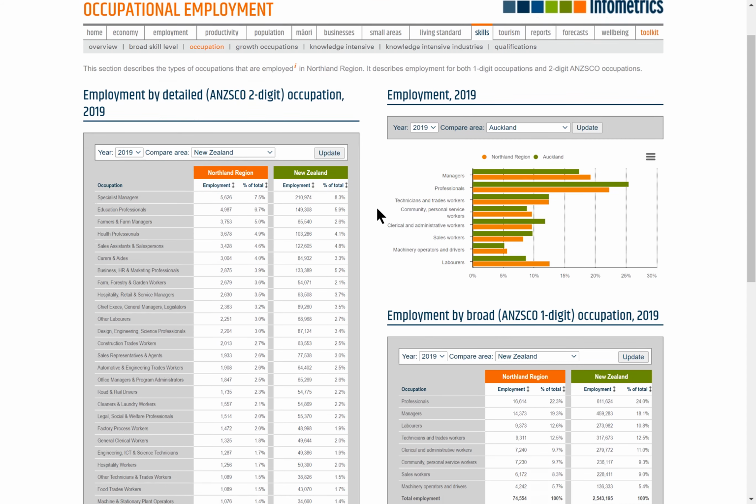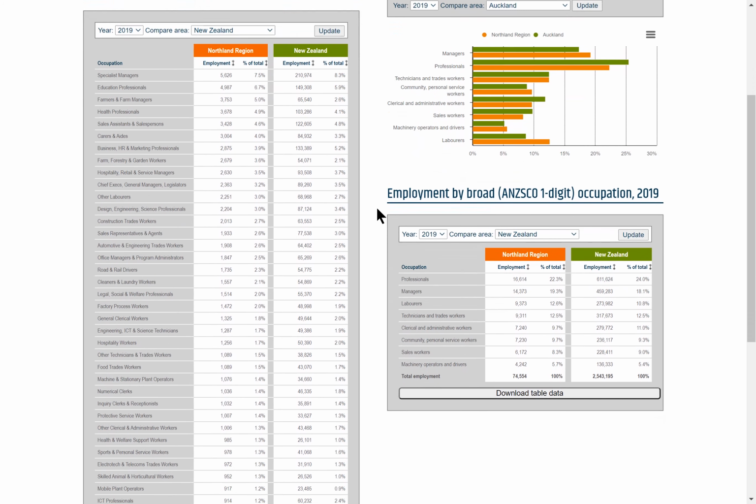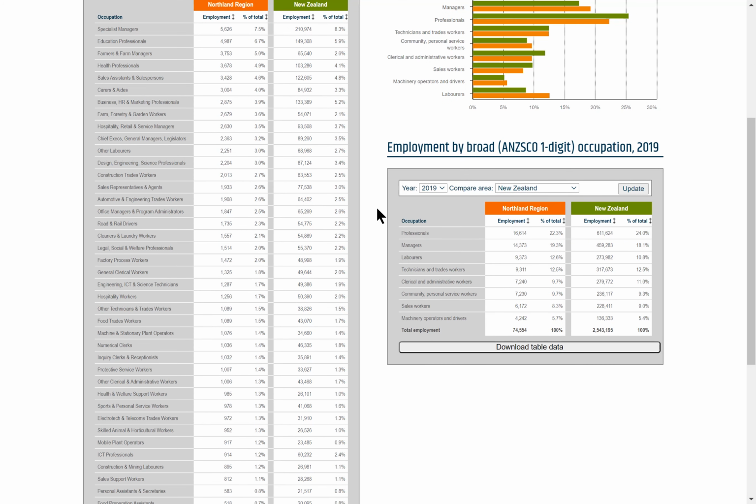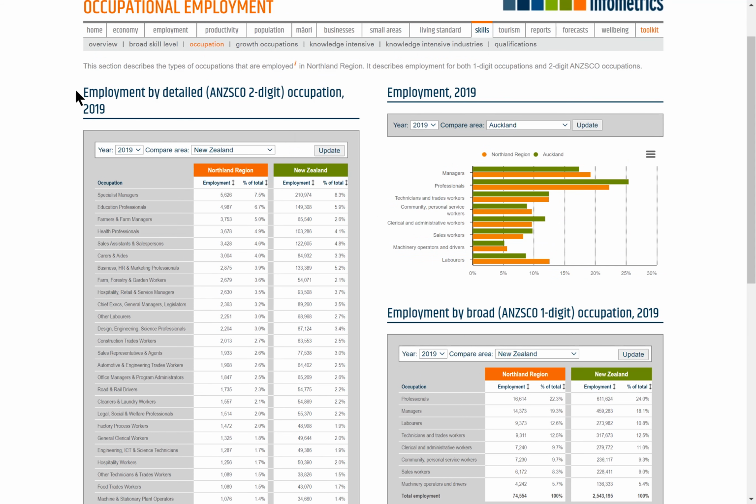The table below, Employment by Broad ANSCO one-digit occupation, shows you the data in the chart. If you want to look at occupations at a more granular level, you will find this in the table Employment by Detailed ANSCO two-digit occupation. Each occupation is classified to a skill level.